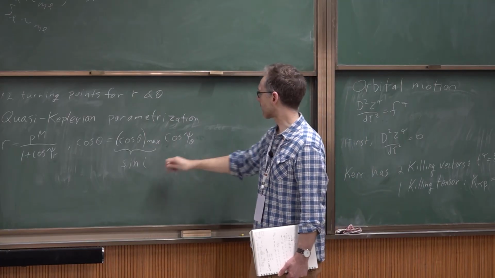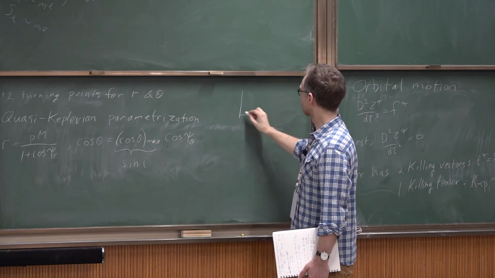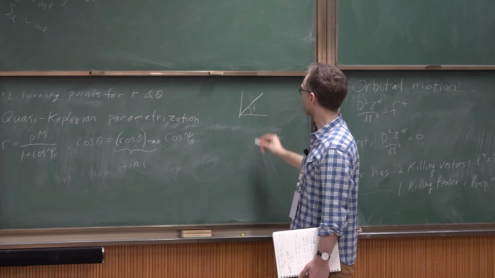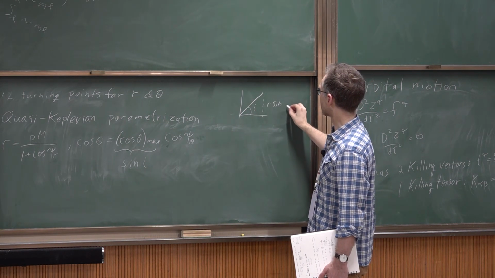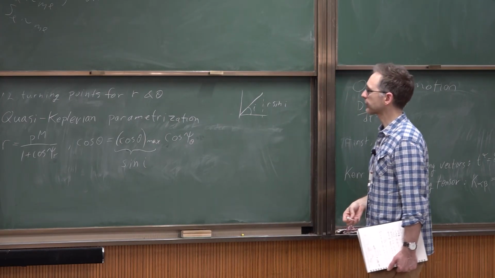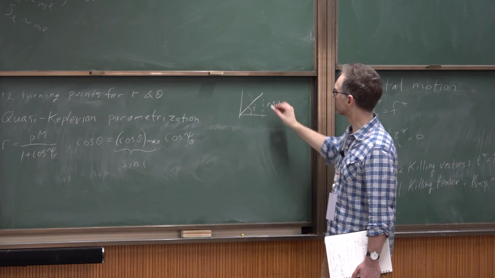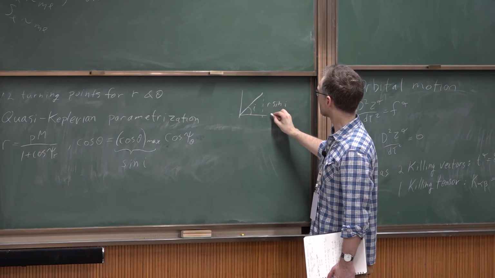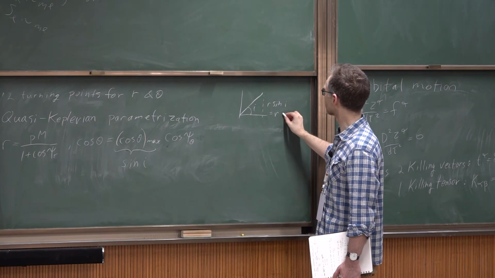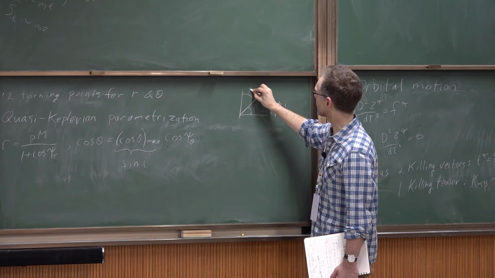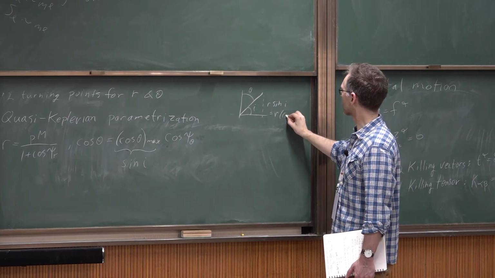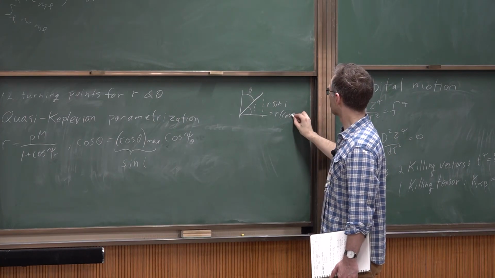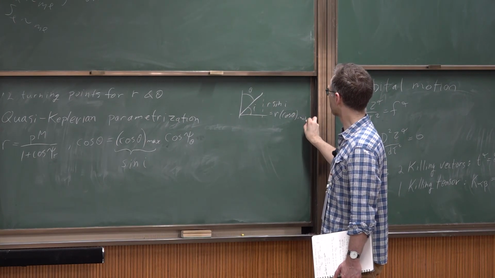This distance here is r sine I, and that's also equal to r times cos theta max.